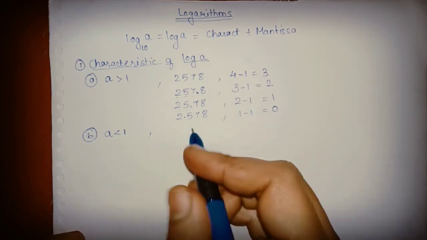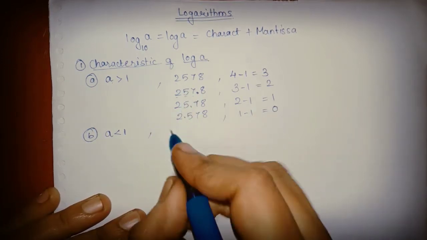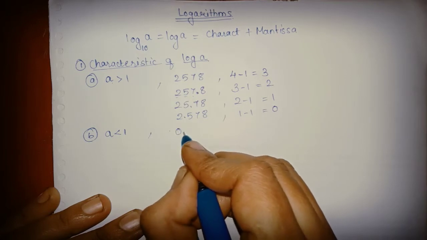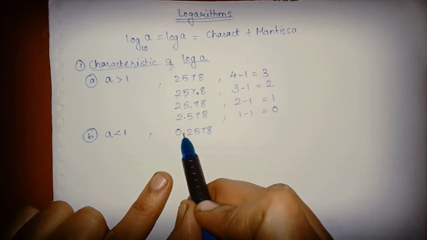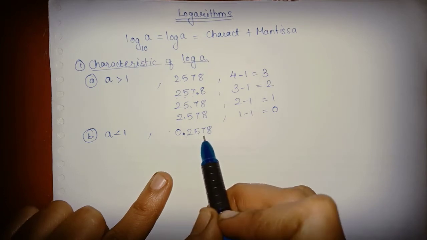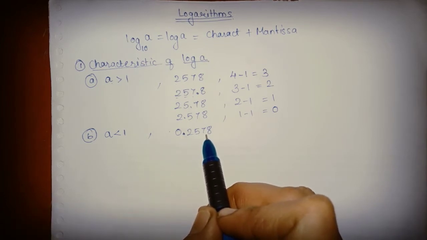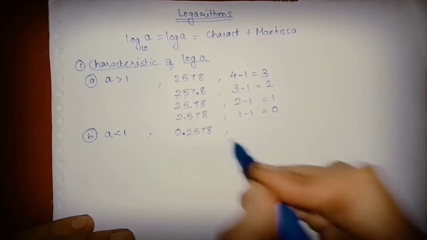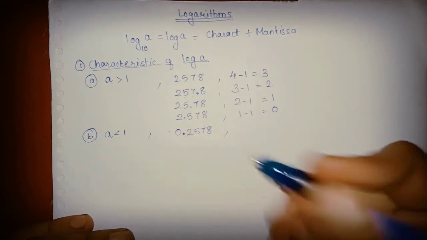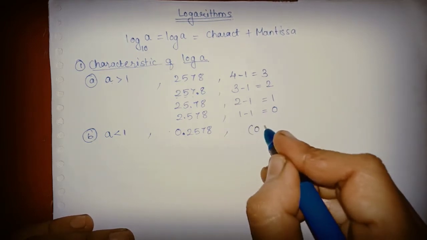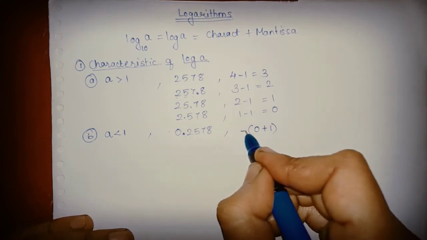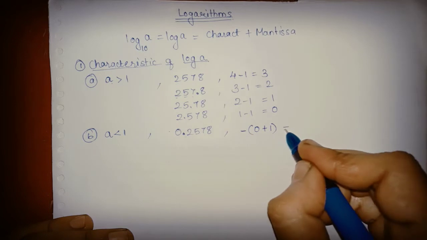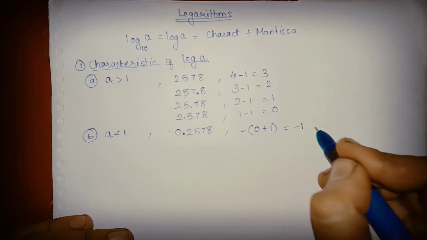I will write here. Suppose the number is 0.2578. Now after the decimal point there are no zeros, right? So you take the value of 0, that is 0 plus 1, and you have to take the negative sign. So this becomes minus 1.